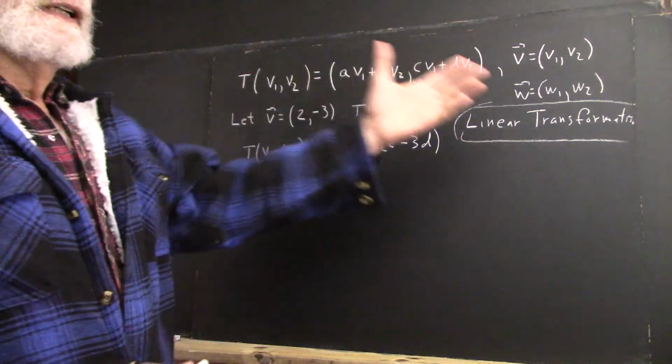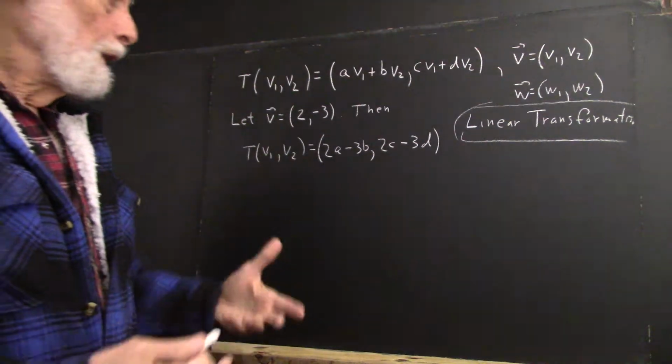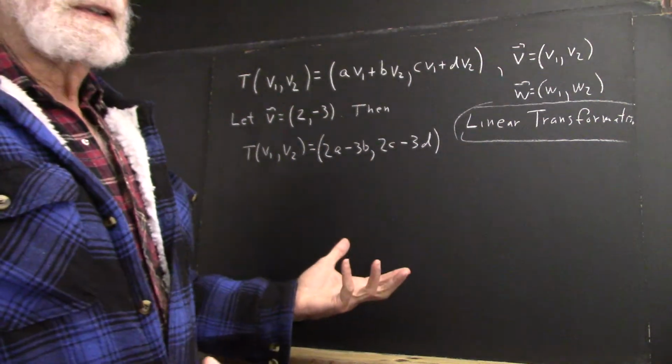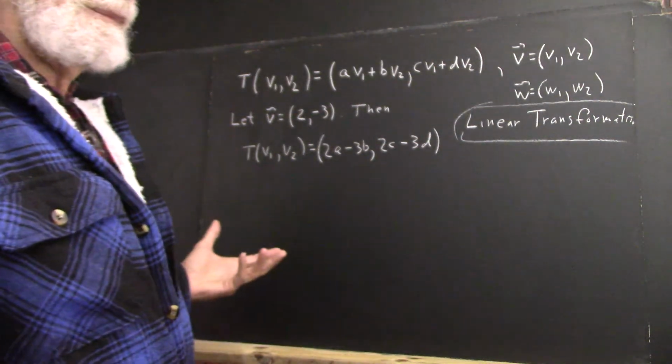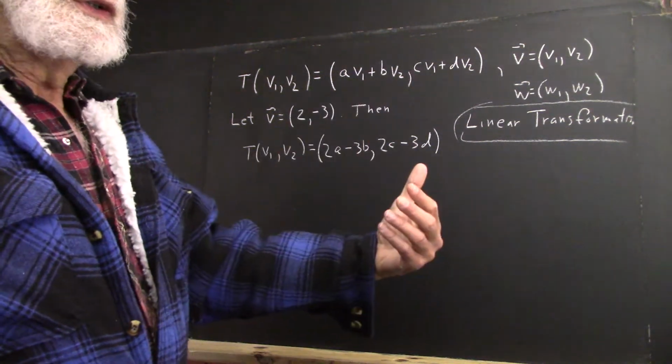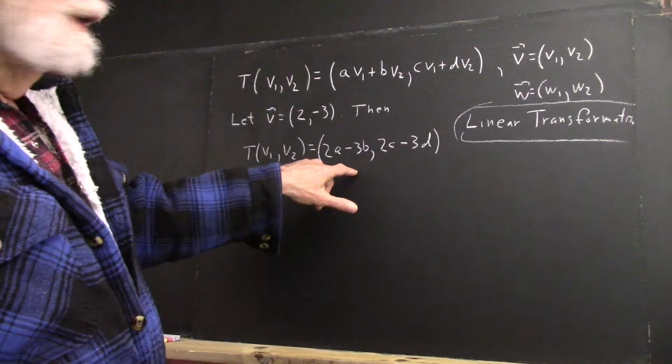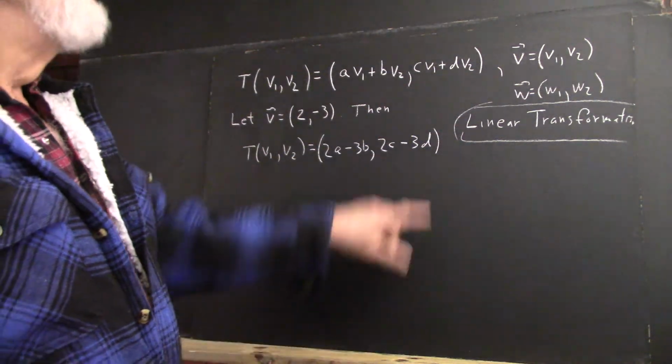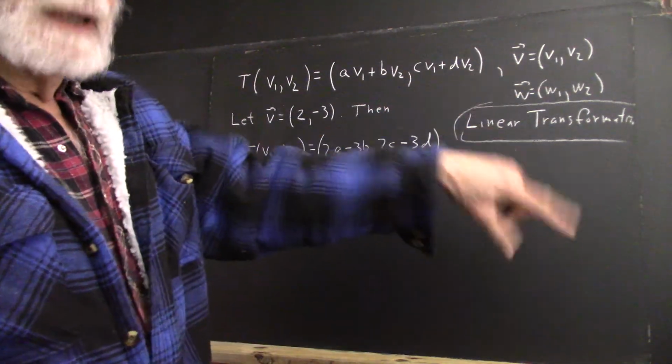Now, depending on the values of a and b, the result here could be any vector at all in the plane. In other words, if I want this vector to equal (7, -42), I put 2a minus 3b equal to 7, and 2c minus 3d equal to -42.